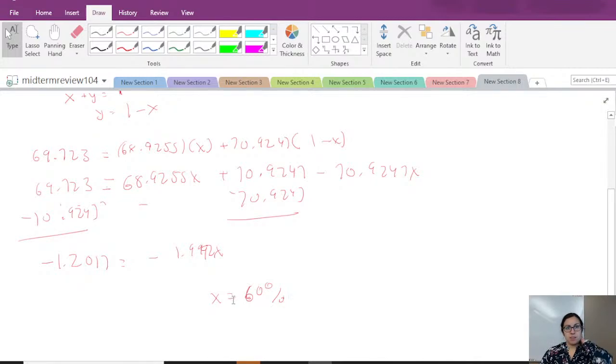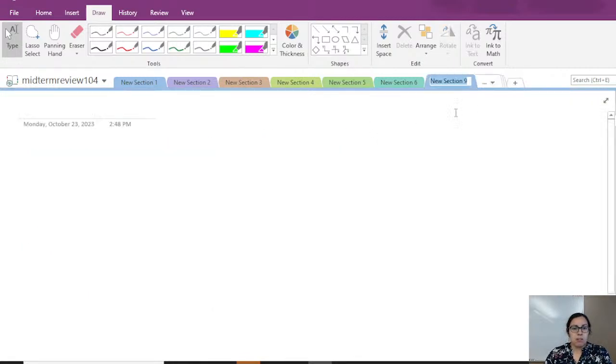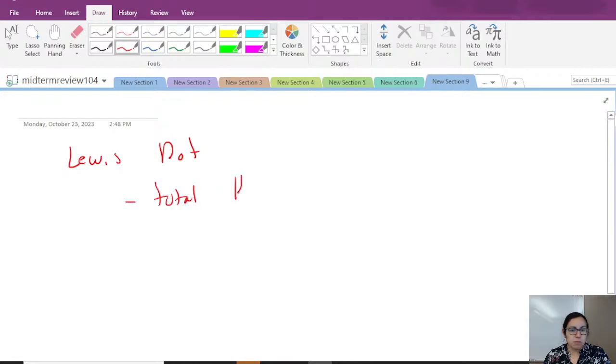Does that clarify this problem? The last thing: we're not going to go over any Lewis dot structures, but we're going to talk about what we need for success. Of course we want the total number of electrons to be correct, so show that work: all your valence electrons accounting for charges.